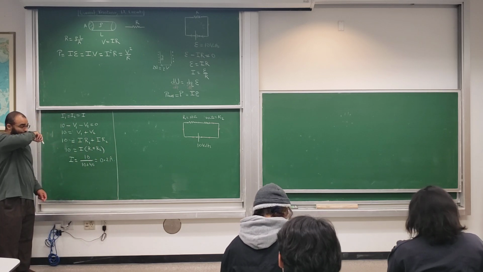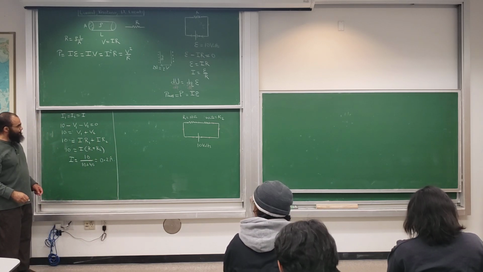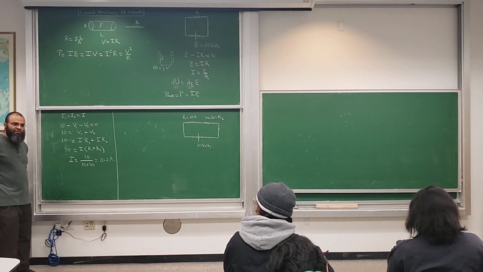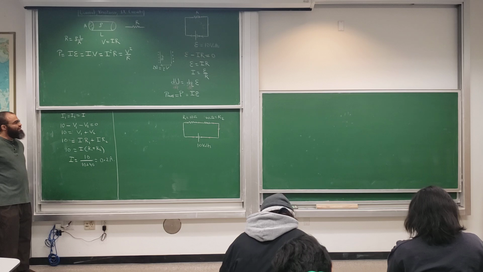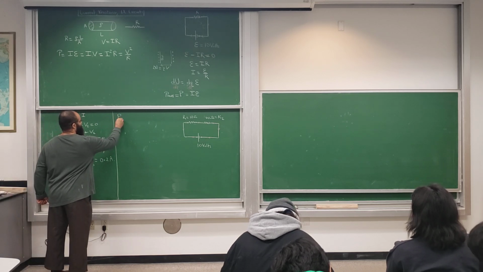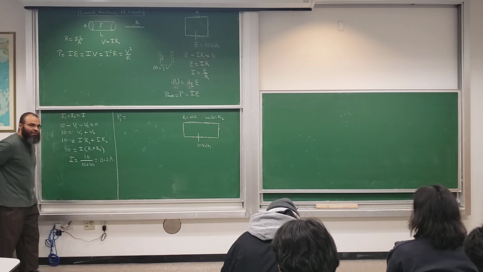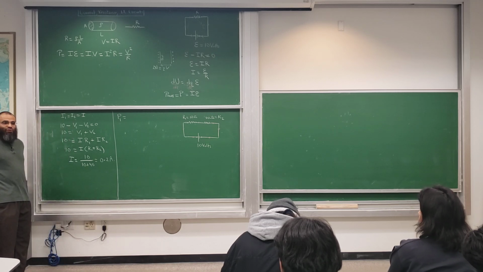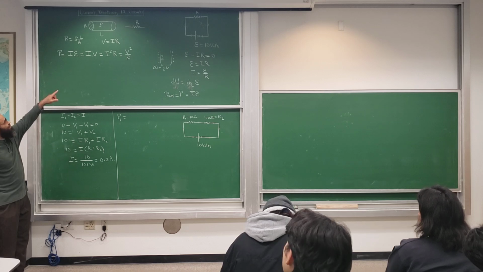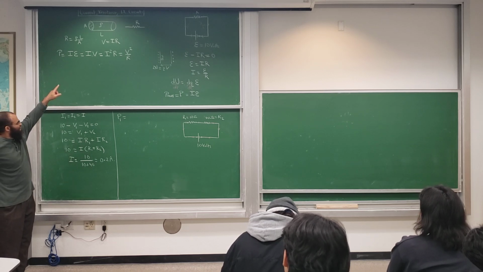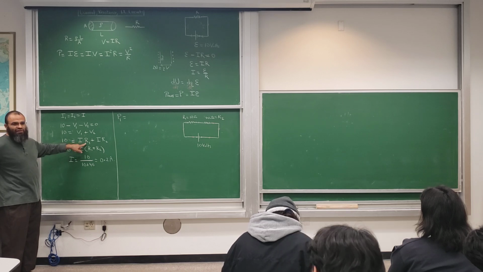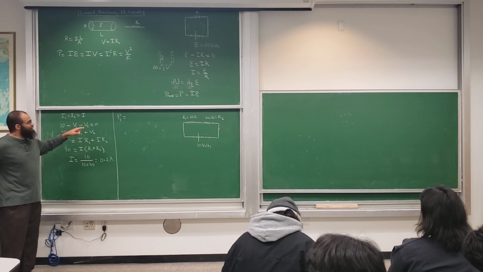Okay, good. Let's find the power consumed by the first resistor. Let's call it P1. How do I find the power? I squared R1. Yeah, I can just use the current. I wouldn't use V, because I need to know V1, and to get V1 I need to do I1 times R1. Why do that when I can just use I squared R?